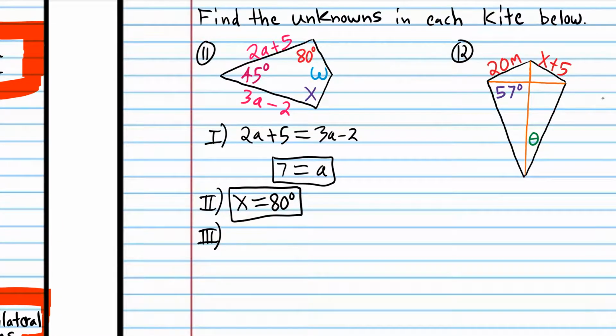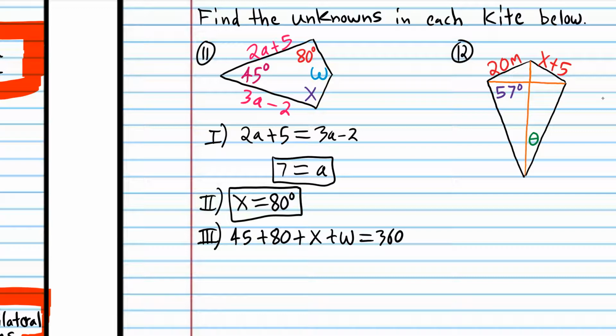Let's see here. So now we have to find omega. And to do that, we're going to use the principle that the sum of all the angles in a quadrilateral is always 360. So 45 plus 80 plus x, which we just found is 80, plus omega must be 360 degrees.